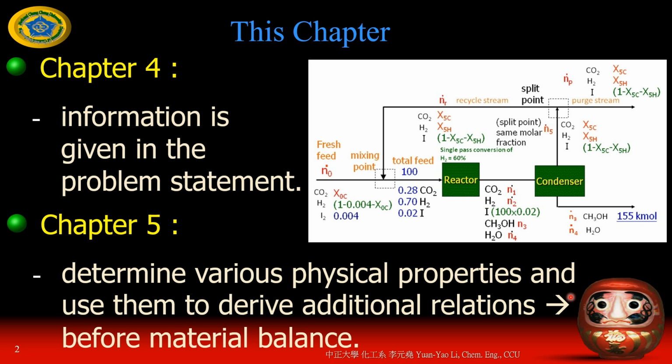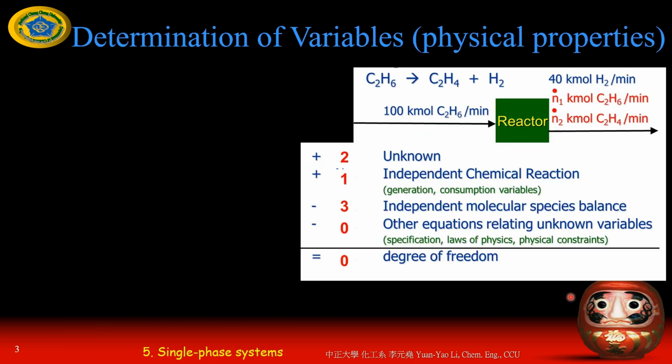So the main thing you need to think of in order to create equations is to find them through these four directions, okay? This is an example of determining variables like physical properties. You have a flow chart like this, with a number of unknowns, independent chemical reactions, and independent molecular species.